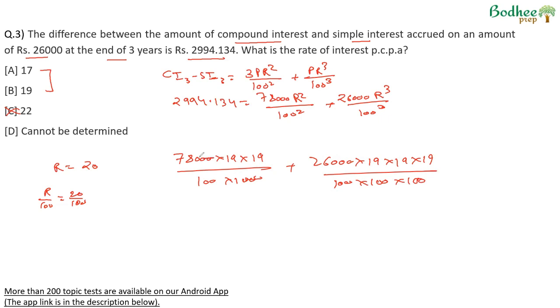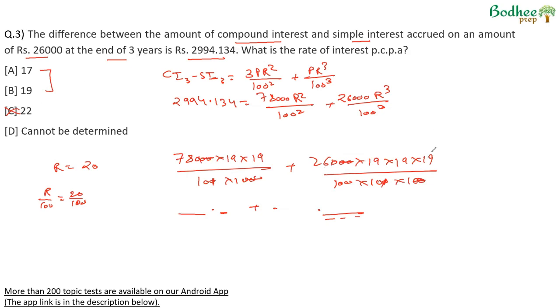Zeros cancel. We will get a number here which has one digit after the decimal. Plus here we'll have a number which will have 3 digits after the decimal, as is there in the difference.